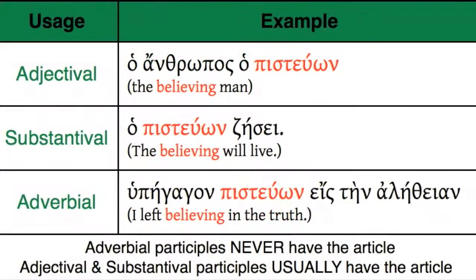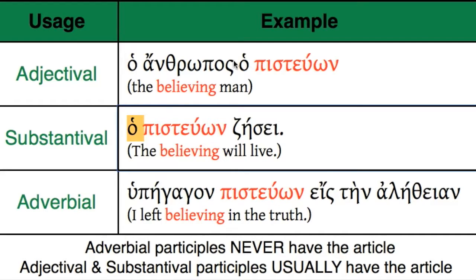I'll throw one more little detail at you, which becomes pretty important as we begin to translate participles. Don't worry, we'll encounter this again, but I want you to notice that the adjectival and substantival participle have the article here, ho pisteuon here, or ho pisteuon here. Normally, the adjectival and substantival participle has the article.